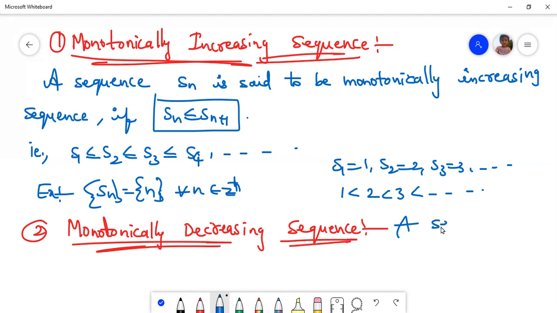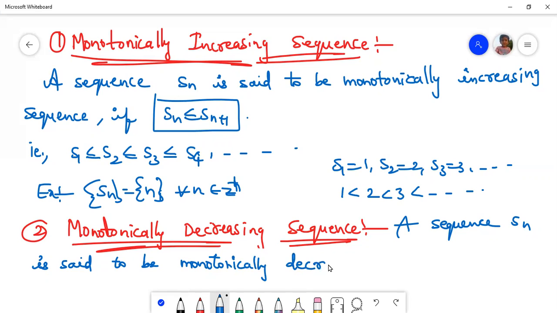Monotonically decreasing sequence means a sequence Sn is said to be a monotonically decreasing sequence if Sn is greater than or equal to Sn plus 1.